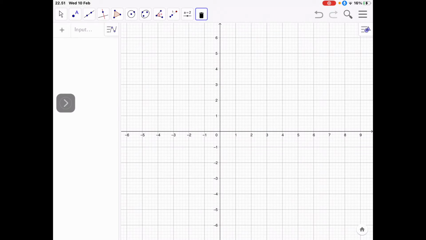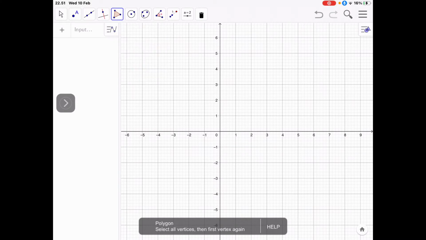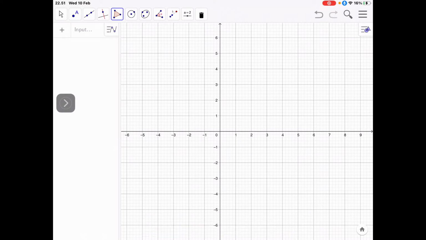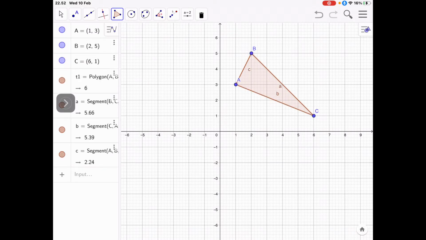Let's say we have this example. We are given an object with coordinates x1, y3, x2, y5, x6, y1, and this triangle we can say is ABC.